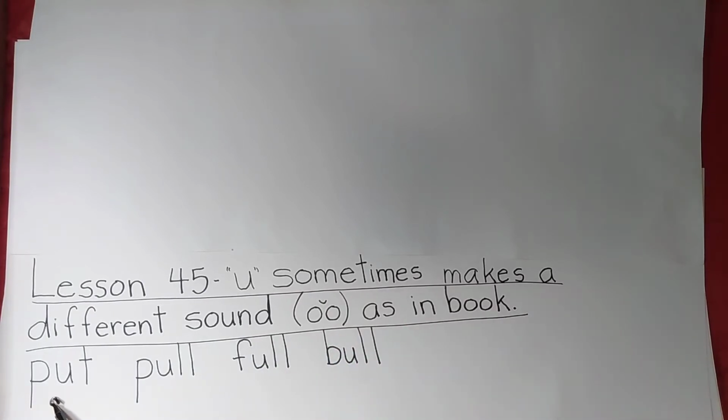But we used words like put, and I'll have the students say these before I do. Gave that one away. Put, pull, full, bull. And teachers, if you'd like your student to say these to you, press pause and have them do that.